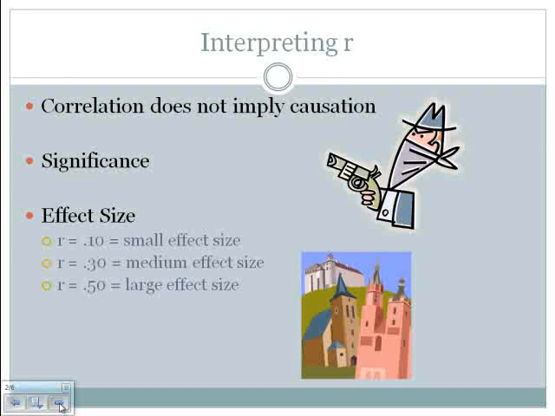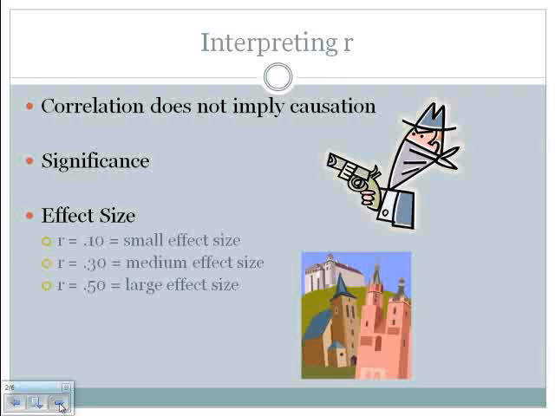The way that you would interpret effect size is that the correlation coefficient itself is a measure of effect size or practical significance. So if R is 0.10, that would indicate a small effect size. R equal to 0.30 would indicate a medium effect size, and R equal to 0.50 would indicate a large effect size. We'll talk a little bit more about effect sizes when we do some of our hypothesis testing.